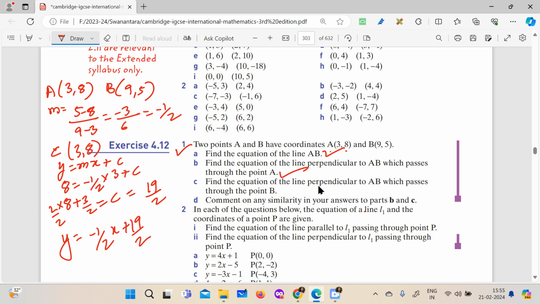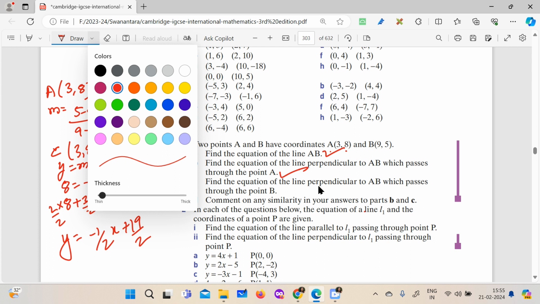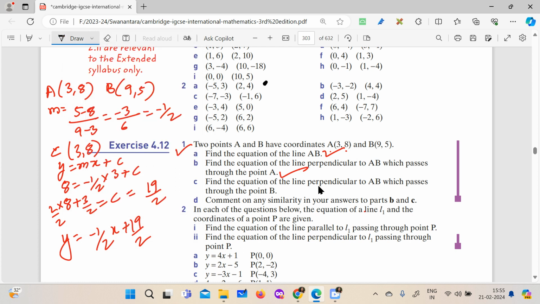Okay. What we did just now was find the equation of this line AB, where the coordinates are (3, 8) and (9, 5).